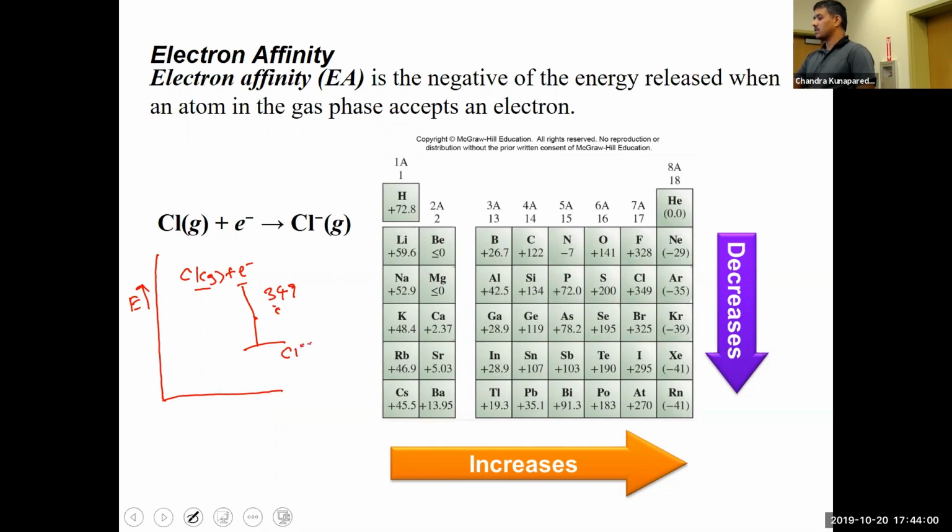What does it mean to us? In terms of energy levels, anything that is lower in energy in chemistry is more stable.